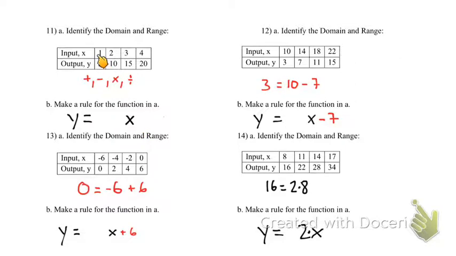We want to figure out what can I plug in. So in this case, I'm plugging in our x value. So let's start with the first one. If I plug in a 1 here, what should I do to the 1? Should I add, subtract, multiply, or divide so that when I do this math, it gives me 5?